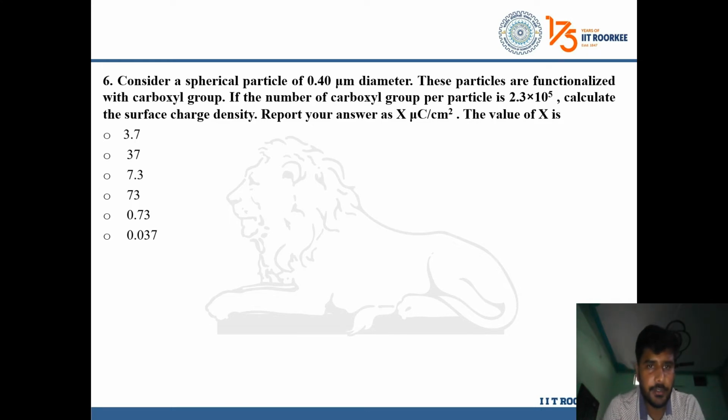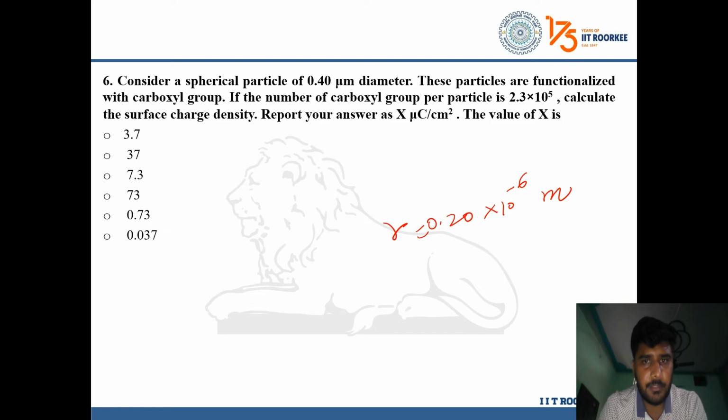Okay, so here the spherical particles are given, which have a 0.40 micron diameter, or you can see the radius is 0.20 into 10 raised to minus 6 meter. These particles are functionalized with carboxyl group.